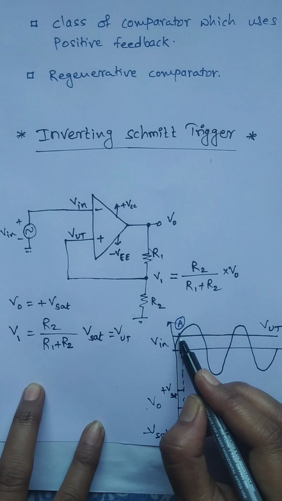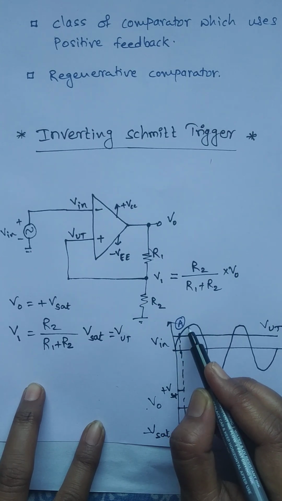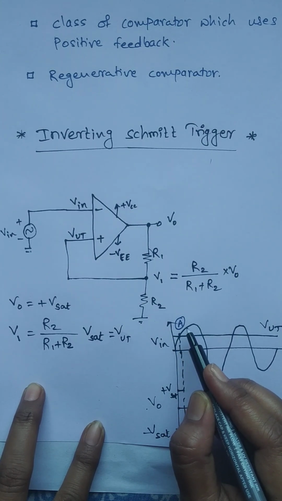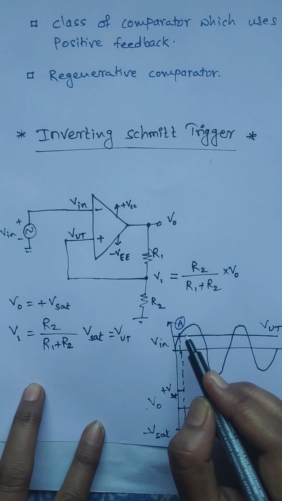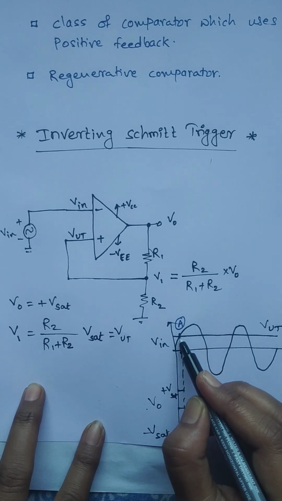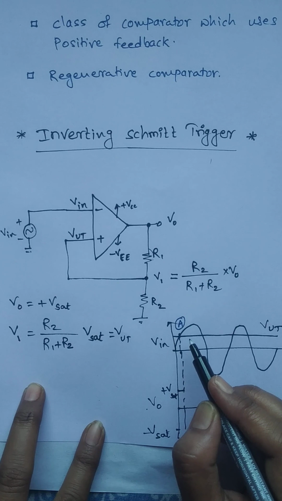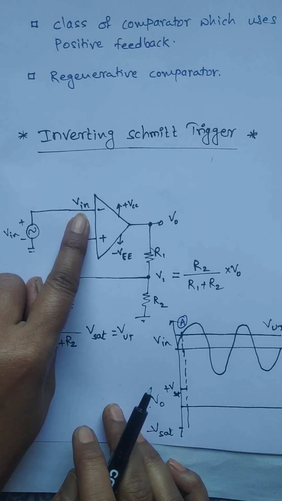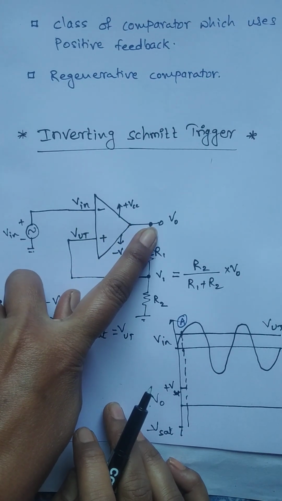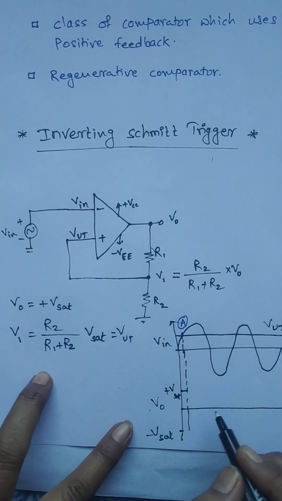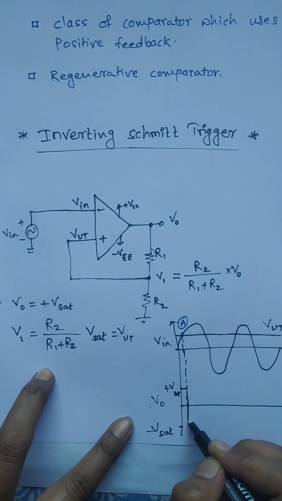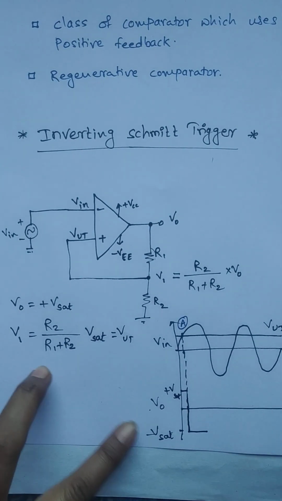After point A, what will happen? V input is becoming larger. As soon as V input is greater than VUT, the output voltage will switch to minus Vsat.